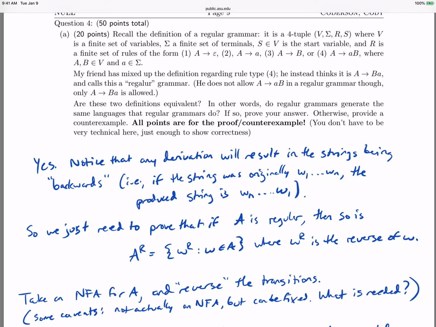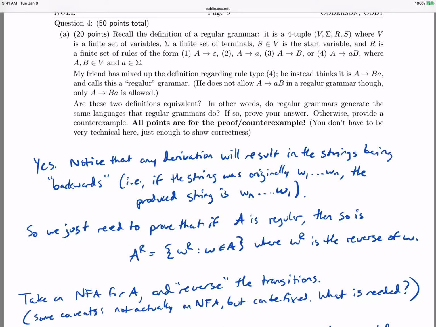So does that mean taking a regular grammar, flipping the one type of rule backwards, and showing that they're not the same language? Is that enough? Look at what it says. What are the languages that regular grammars generate? Regular languages.